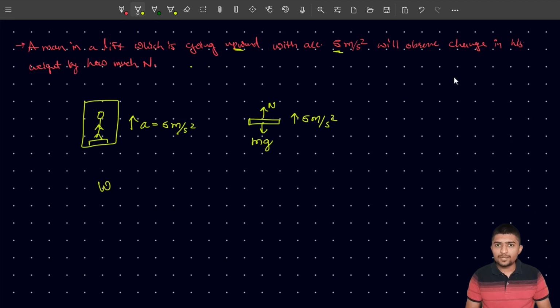So we have seen the apparent weight, which is equal to m into (g plus a), will be equal to m times, the g has a value of 10, let's say, so 10 plus 5, that is 15m Newton.